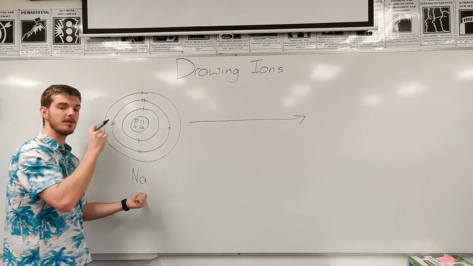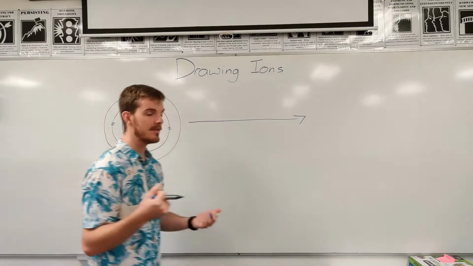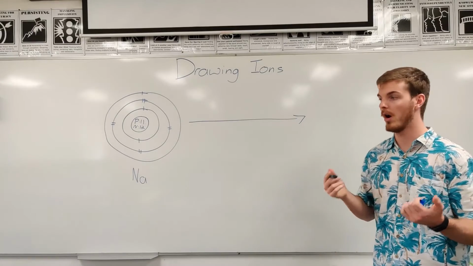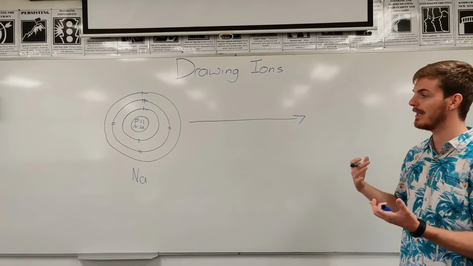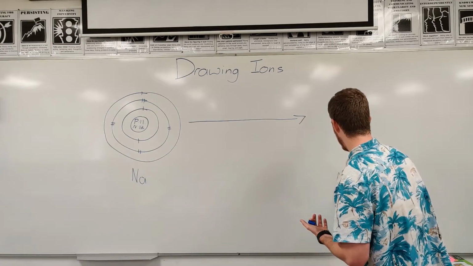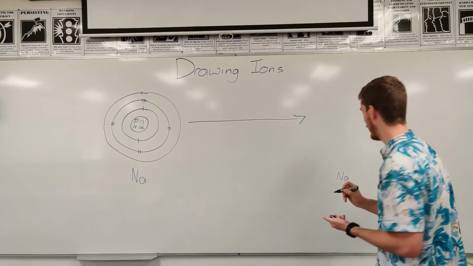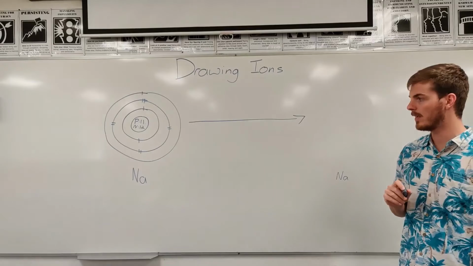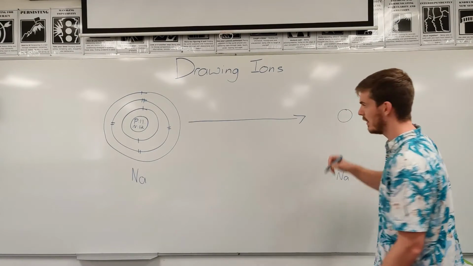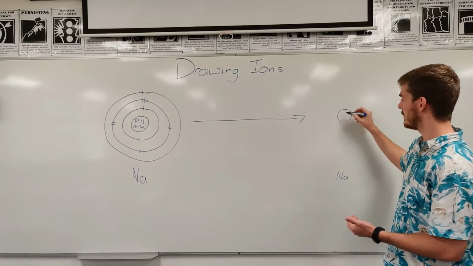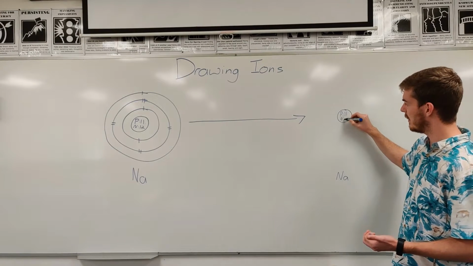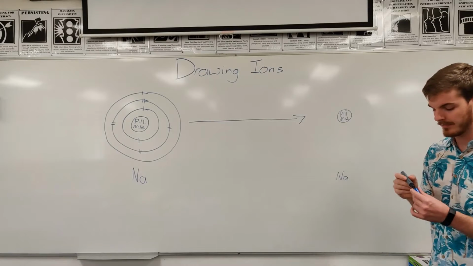Because the protons and the neutrons are not changing, it's still going to be sodium, so you write Na. There's always still going to be a nucleus, and this has not changed. So P is still 11, and N is still 12.